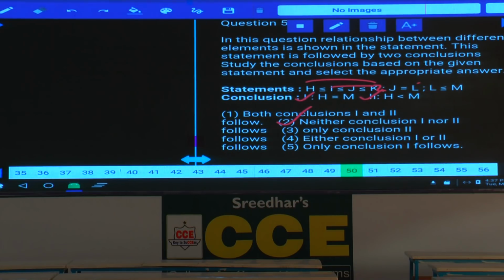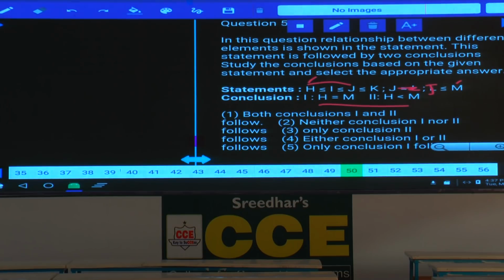Then coming to 50. Now in this 50, if you observe here the relation between H and M only. Now H is here, M is here, the letter which is common is L, but as L is not there, that means now we need to move from J to L, L to M. J equals to L, hence in the place of L we can take it as J. Now H to J, what is the relation between H and J?